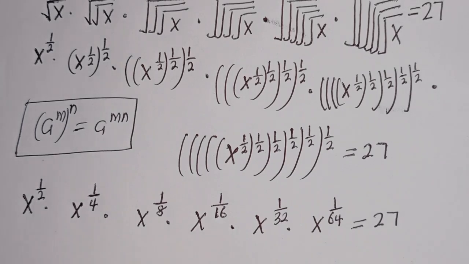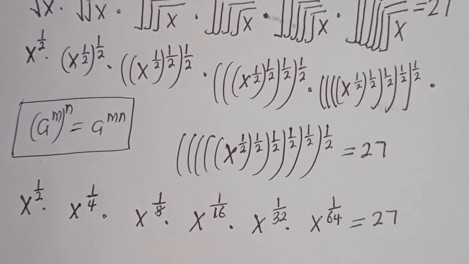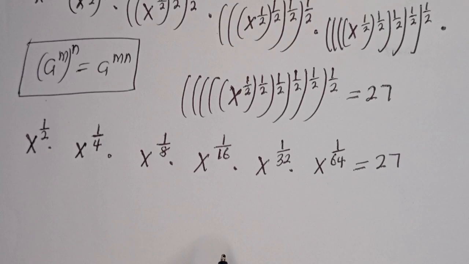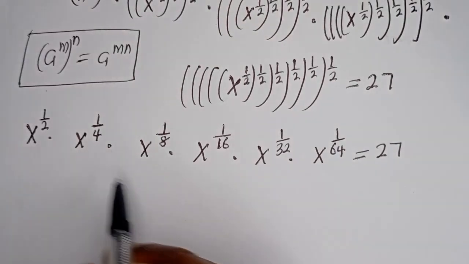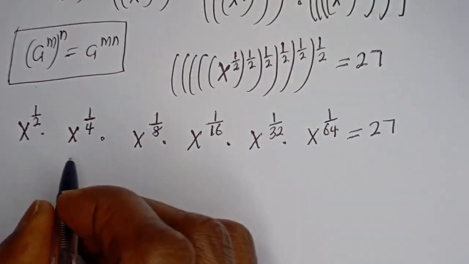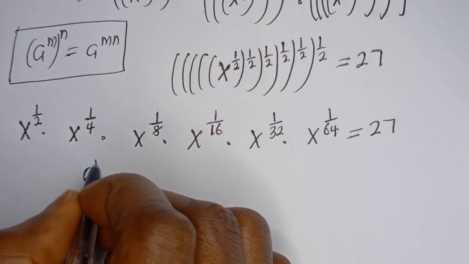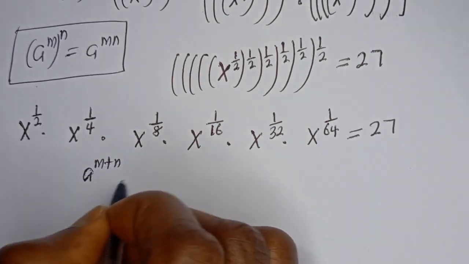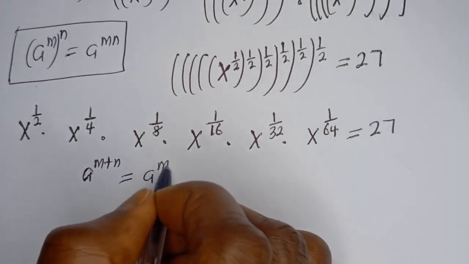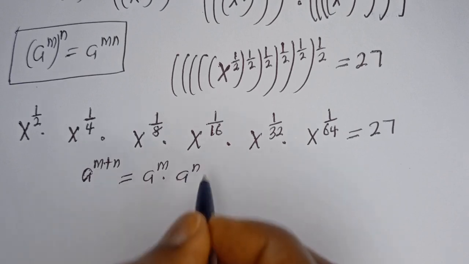Just watch to the end and see what the solution is going to look like. Then take note of this: if you have a to the power of m plus n, this is equal to a to the power of m multiplied by a to the power of n.